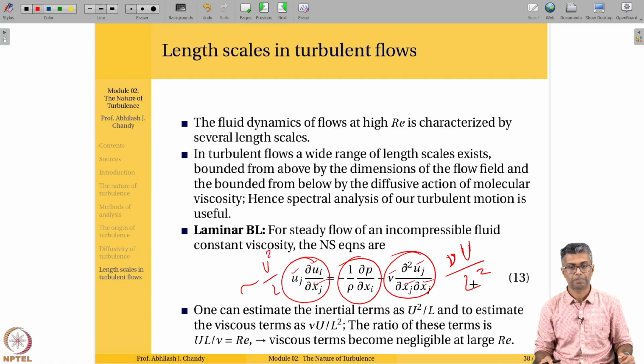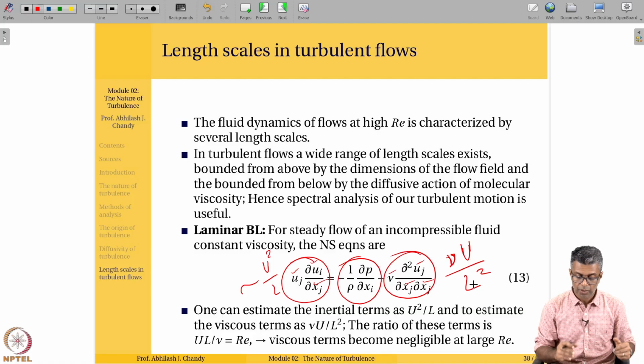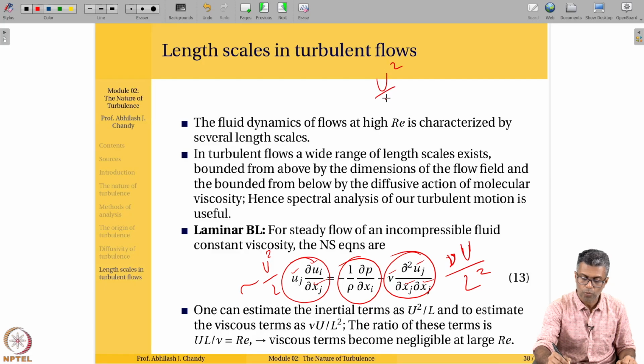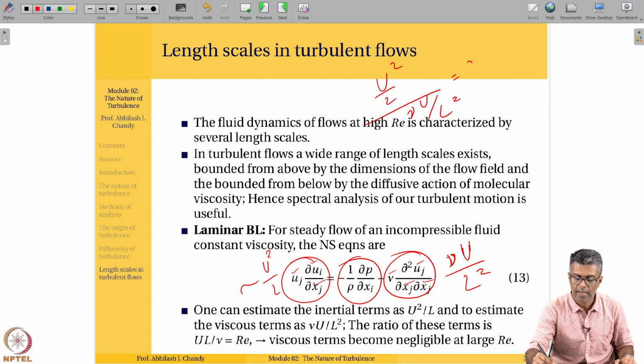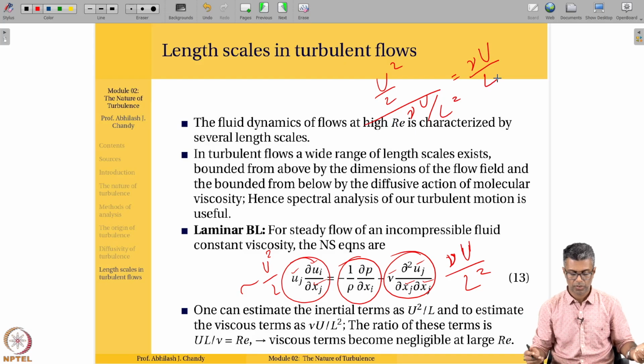So if I take a ratio of these terms, inertia over viscous, which by first principles is the Reynolds number, right? So if I take u squared over L divided by nu u over L squared, I do the manipulation, cancelling out, and I get nu u over L, isn't it?